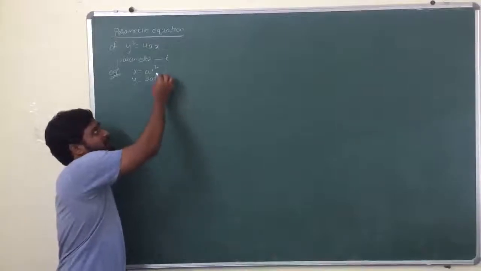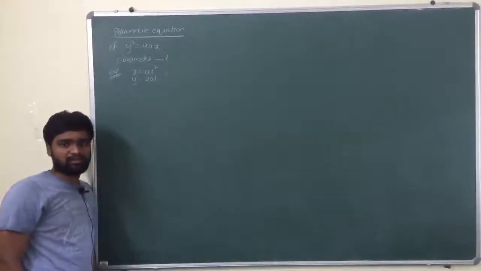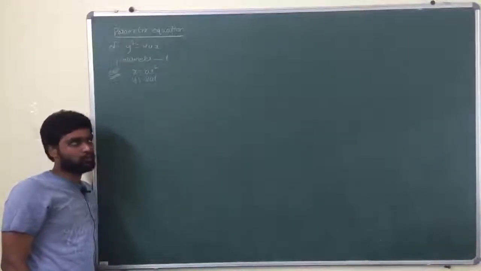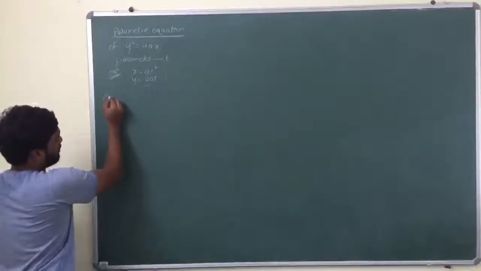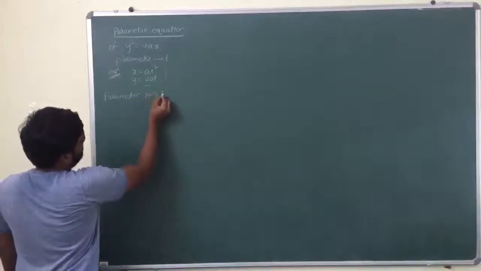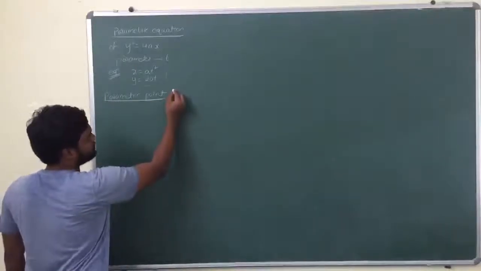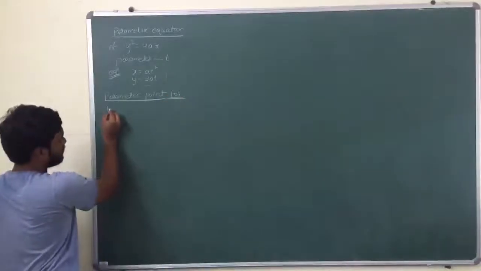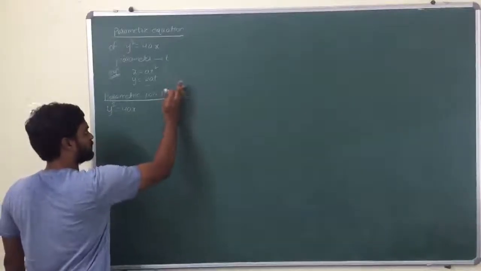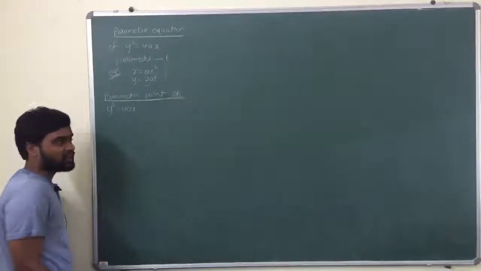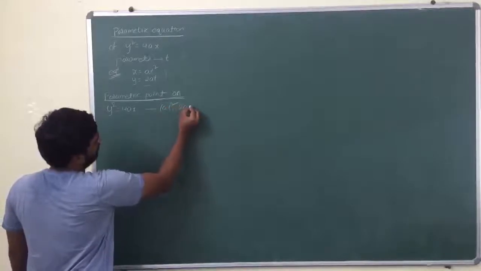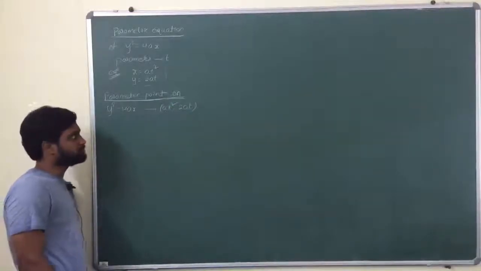But keeping in mind that t belongs to real numbers and can be positive or negative, you just leave it as 2at, not plus or minus 2at. So the parametric point on the parabola y square is equal to 4ax is at square comma 2at.